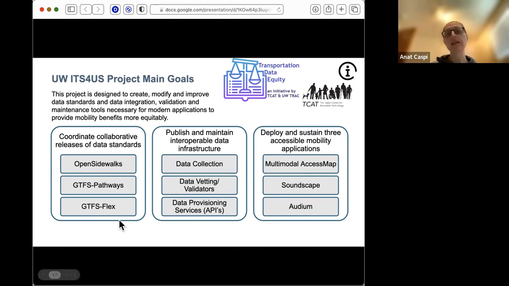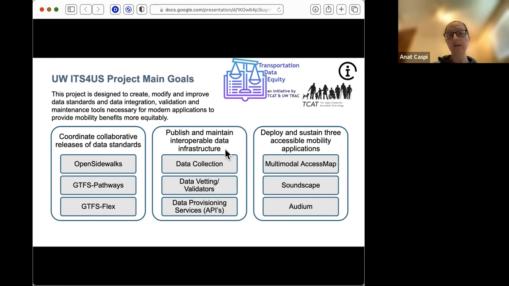So first, we're working with different data specification work groups to solidify what is a release of all of these, and really being accessibility forward in these efforts, right? Because there are other people that are pushing Flex and Pathways, but they're not necessarily accessibility first, as far as their efforts.